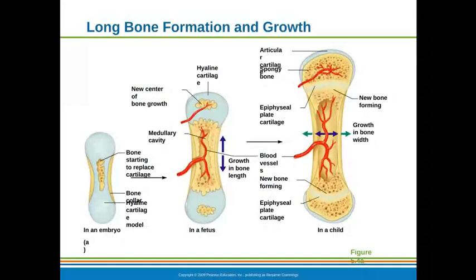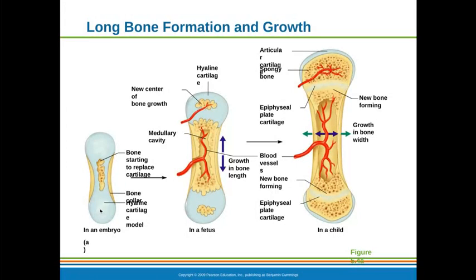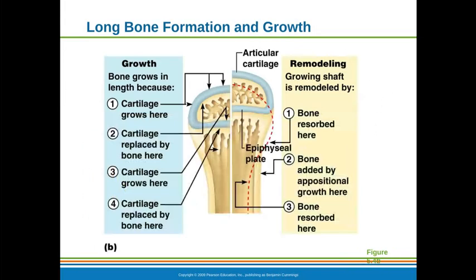Okay, so we see right here this transition, figure 5.4a, of the bone in an embryo, and then in a fetus, and then in a small child. We see here that we still have a cartilaginous epiphyseal plate, and that this portion right here will continuously be converted into bone until growth stops. We see this articular cartilage covering the end to decrease friction as well.